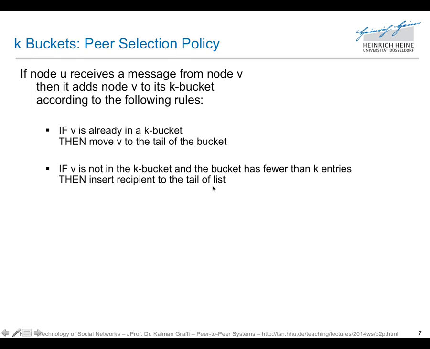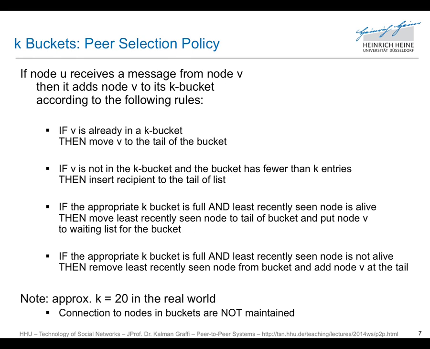And then there's a policy on how to include the new nodes into the bucket. If you learn about them, you don't have to actively search for them, you just have a look at the messages passing by, and then you see, okay, do I know this node? Is he valuable to put in my routing table or not? If there's space in your routing table, you put him inside.